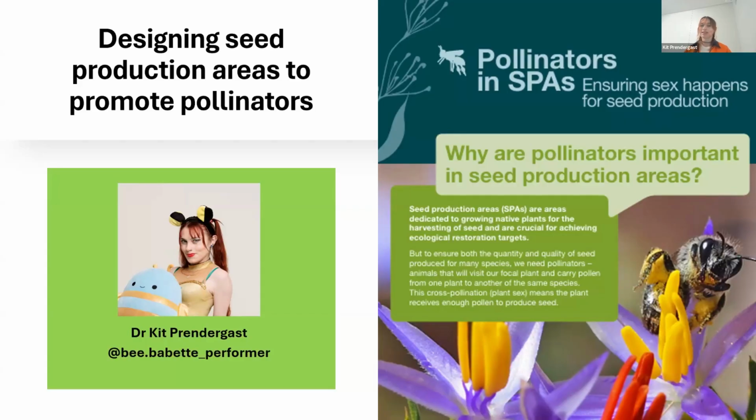Of course, you need quality seeds. And for some plants, you don't want to be just going into the wild and harvesting seeds from wild populations because you could be depleting the seeds from those populations so that they can't regenerate.